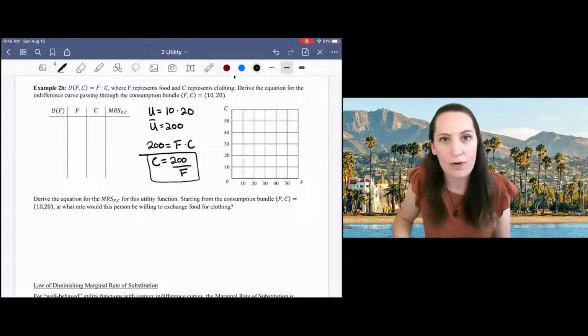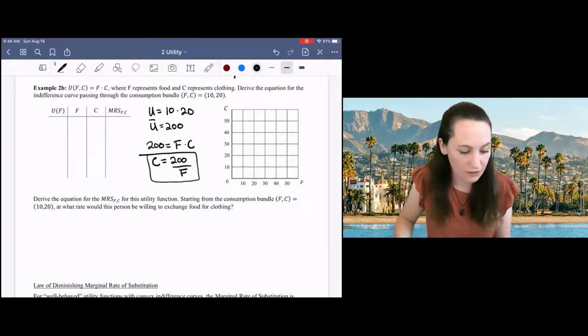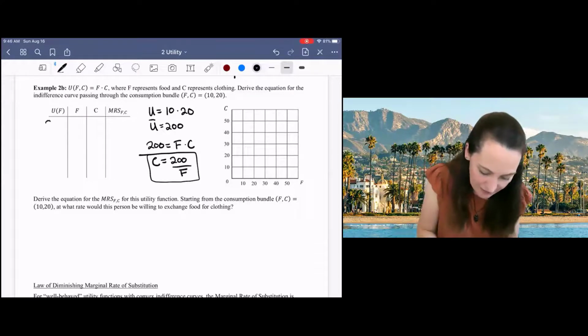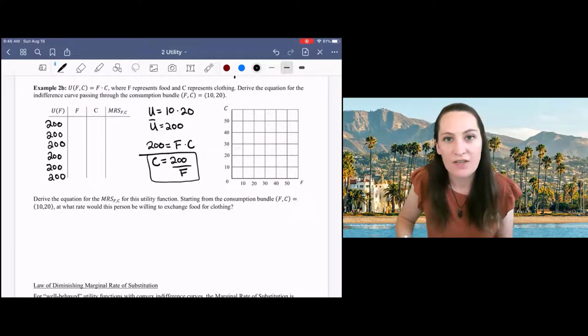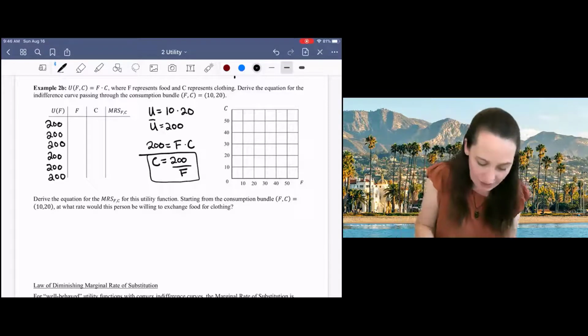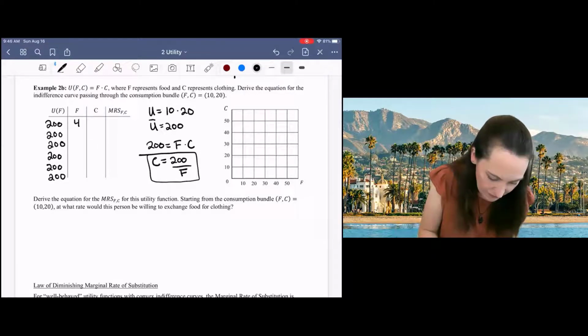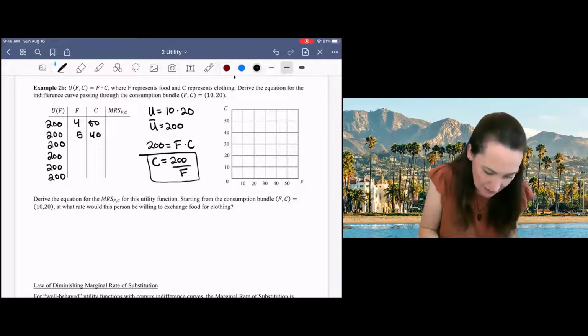I'm going to plot some points here to help us think about what it looks like. Again, utility at each point along the indifference curve will be equal to 200. So I'm going to put 6 points here. And then I just want to think of some numbers that multiply to be 200. So I've got 4 and 50, 5 and 40, 10 and 20, right?